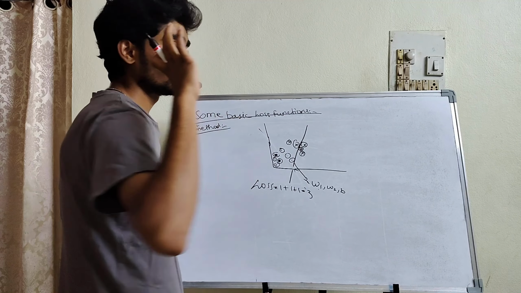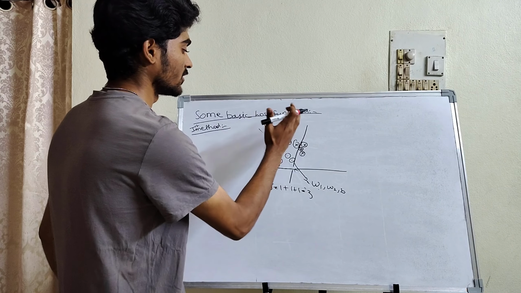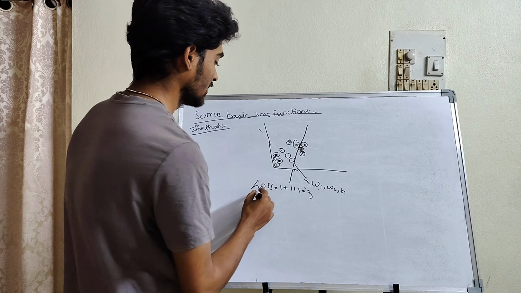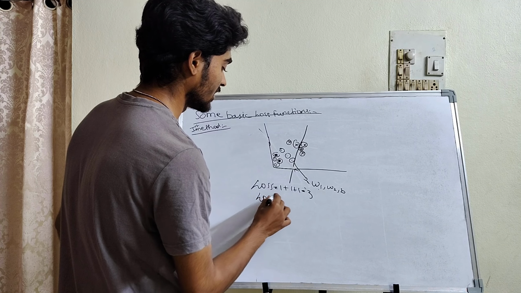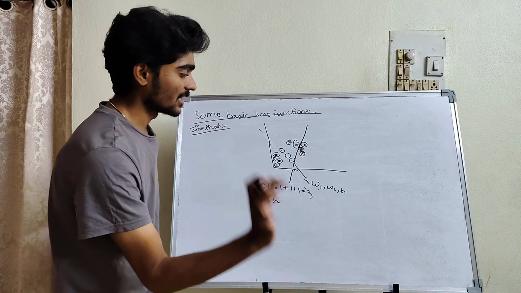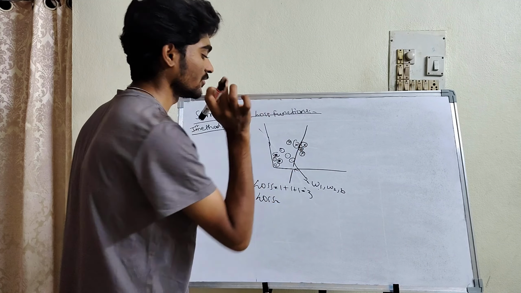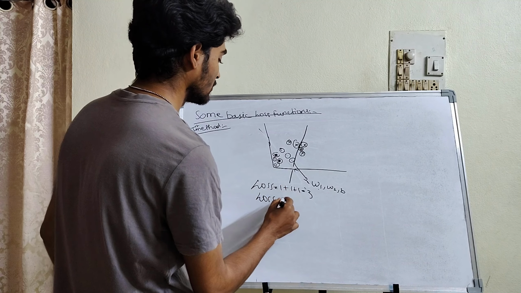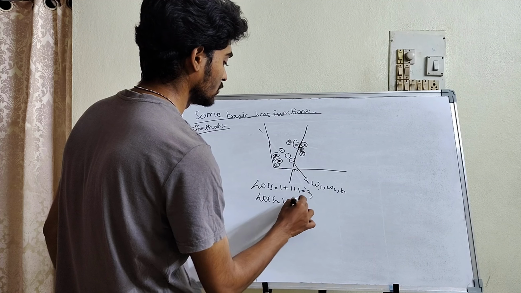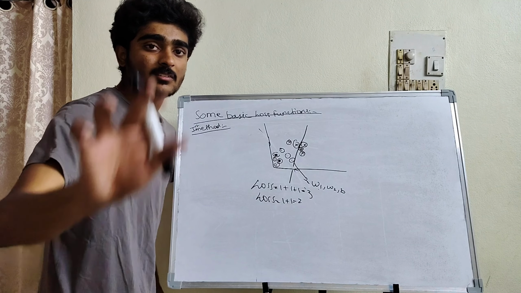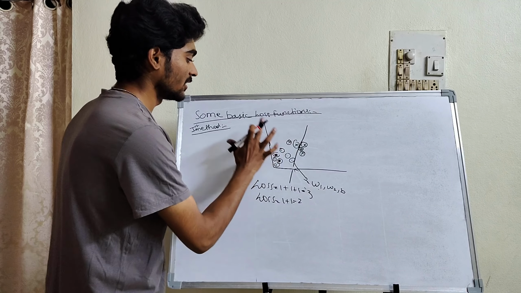For the second binary classifier line, the loss is calculated as the number of misclassified data points. This is the first misclassified data point, this is the next. So 1 plus 1 is equal to 2. Okay, this is the first method to calculate the loss.